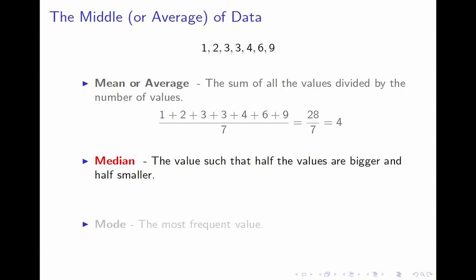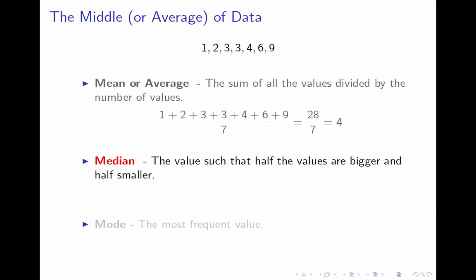The second one we'll consider is called the median. The median strip in a road is the line in the road such that half the road is to the left and half is to the right. The median of a data set is the data value such that half of the data is below and half is above. On a number line, we would say half is to the left and half is to the right.